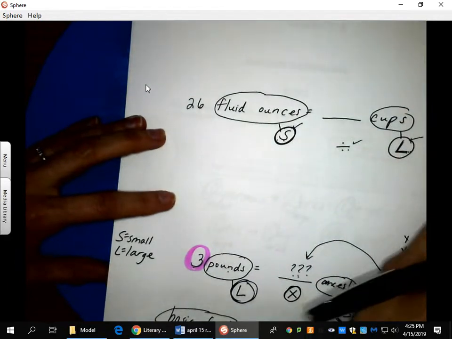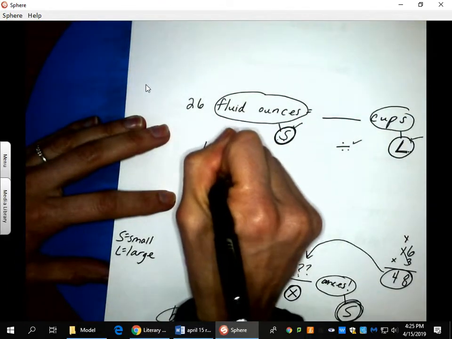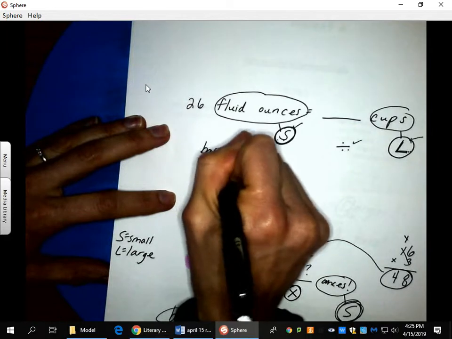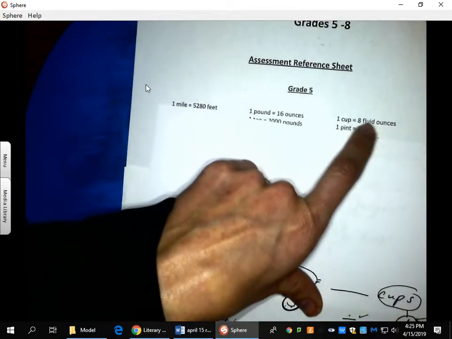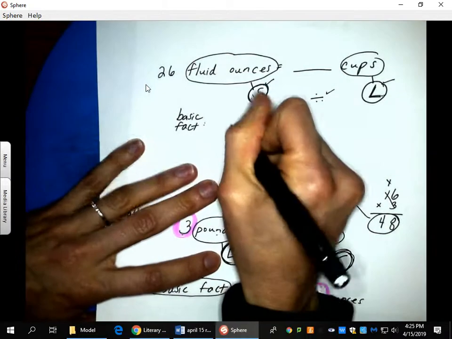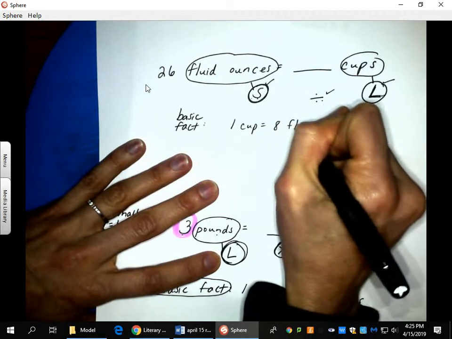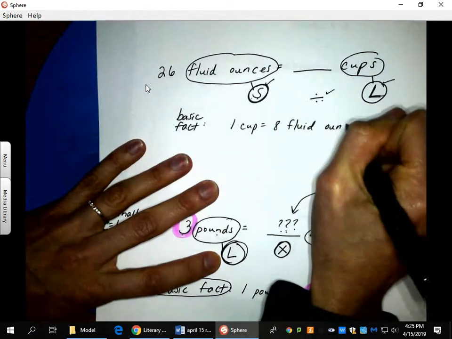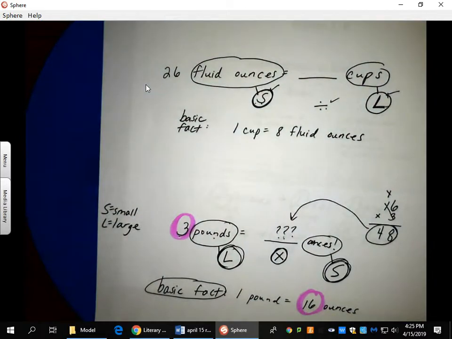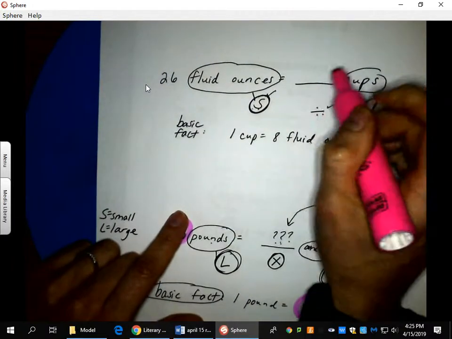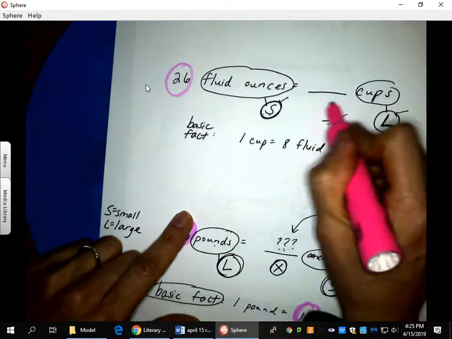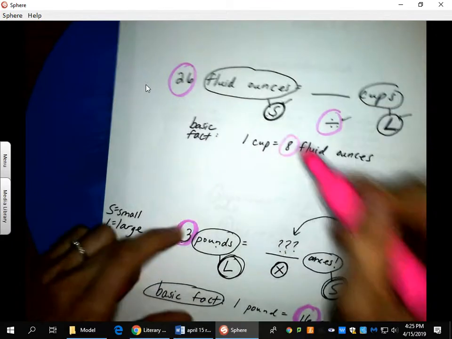Okay, and dividing what? Well, now I need the basic fact. And my sheet has a lot of these on it. Oh, 1 cup is 8 fluid ounces. So 1 cup equals 8 fluid ounces. Okay, so I'm dividing what? 26 divided by 8.